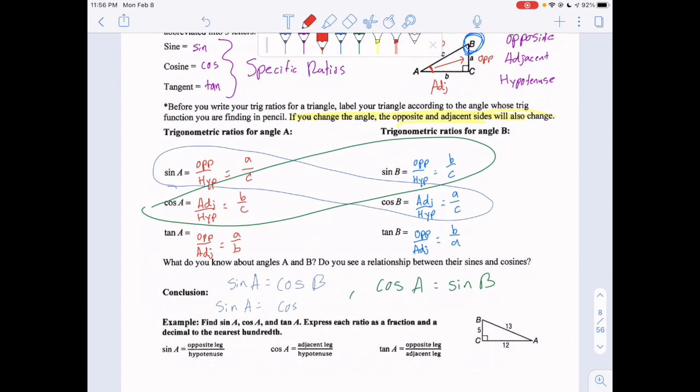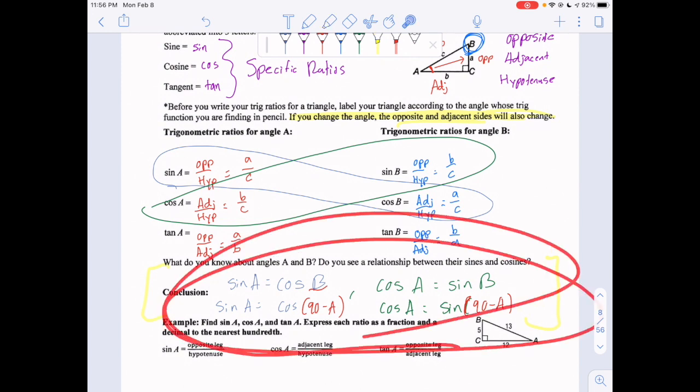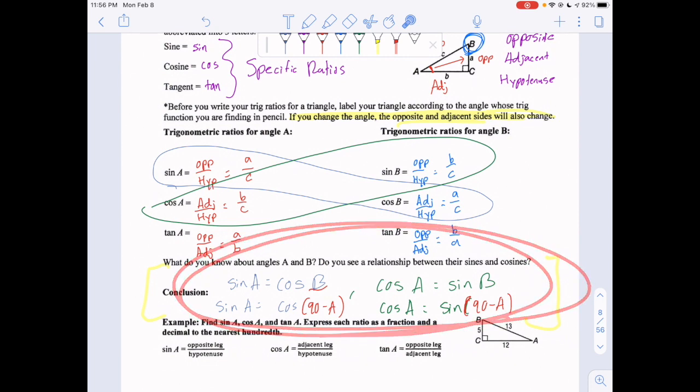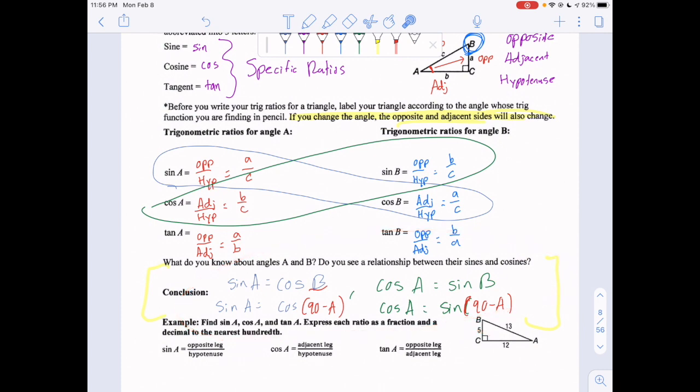So technically speaking, I can just switch out angle B for 90 minus A. Likewise over here, if I have cosine A, I can switch out sine B for 90 minus A. So that's just showing a little relationship. For geometry, it's not super important. You probably dive deeper into this relationship in Algebra 2 Trig or pre-calculus. So I'm just dipping your feet in this. Know that that relationship exists.